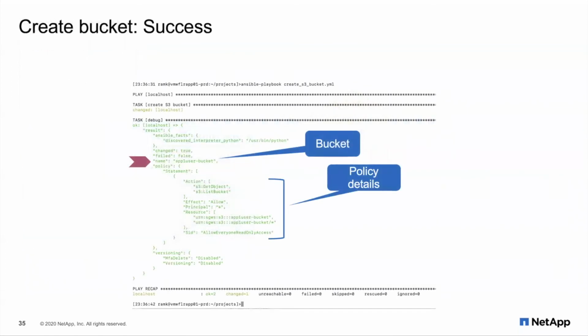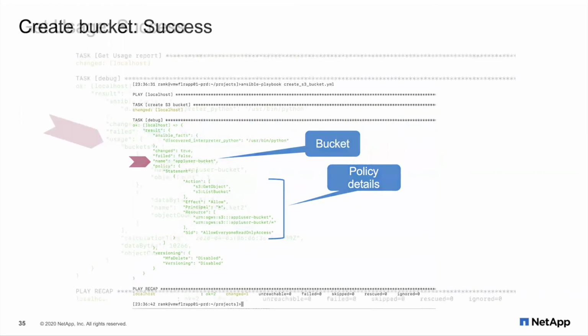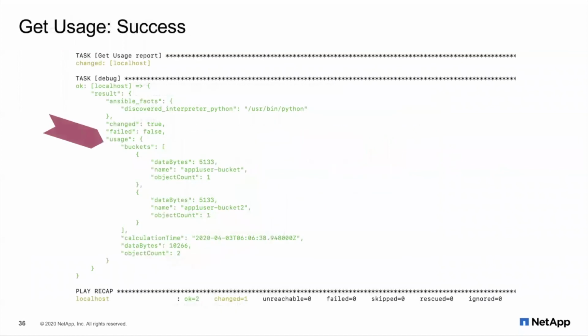Creating bucket, success. And this is because, remember I mentioned S3 APIs are supported by StorageGRID, so we could use the S3 bucket development module. Okay, bucket created, and the next module that we wrote was to get the usage information.